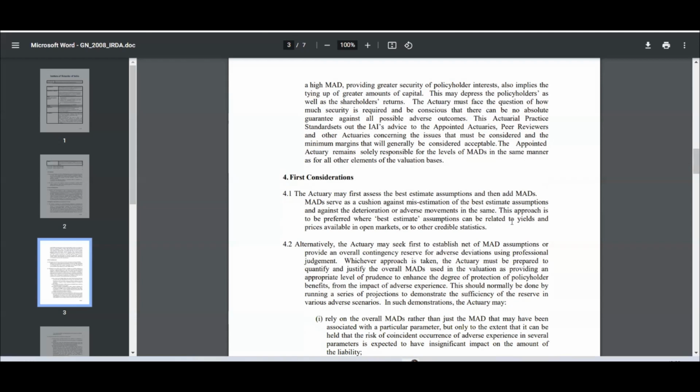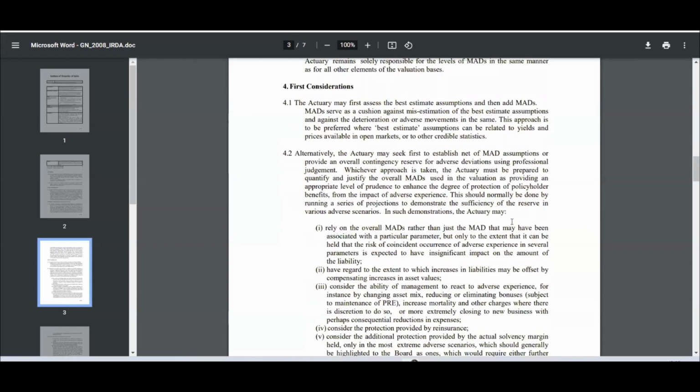And so the actuary would be required to quantify and justify, and that should ideally be done by a range of adverse scenarios in which the actuary will be able to demonstrate solvency so that the policyholder interests are protected. The actuary might consider the following.